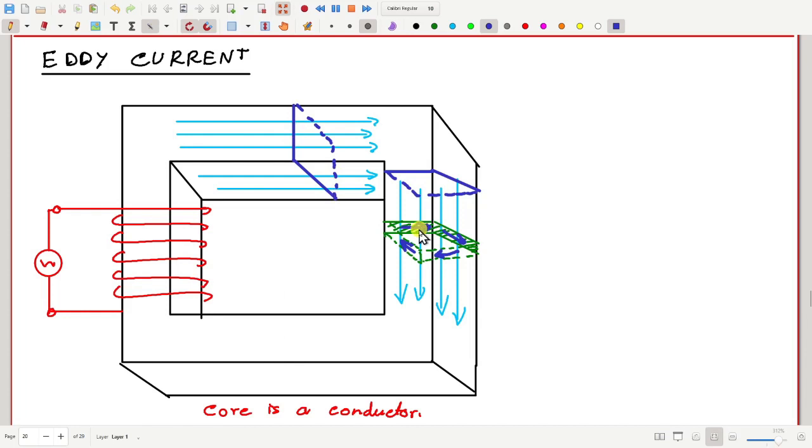All these virtually behave like secondary coils. Although there is no actual secondary coil, the core itself behaves like a secondary coil. So all these paths everywhere, here also you can find a secondary closed path like this.